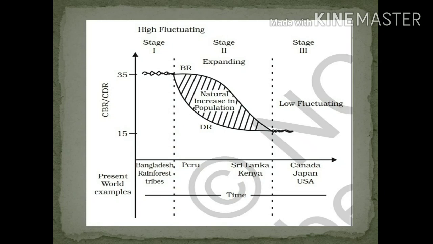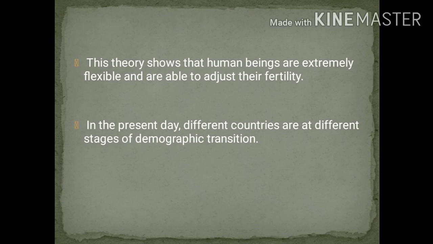In stage 1, we have countries like Bangladesh. In stage 2, in the beginning, we have Peru, and in the last part, when birth rate has declined, we have Sri Lanka and Kenya. And in stage 3, we have Canada, Japan and USA. These are the developed countries and they fall in stage 3 of demographic transition. So this theory shows that human beings are extremely flexible and are able to adjust their fertility, that is birth rate.